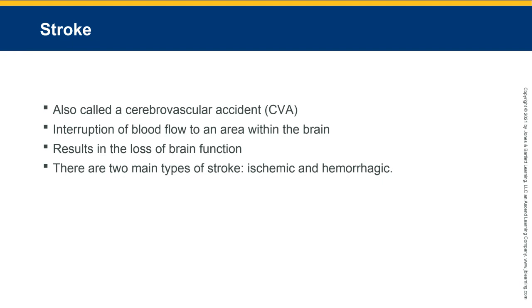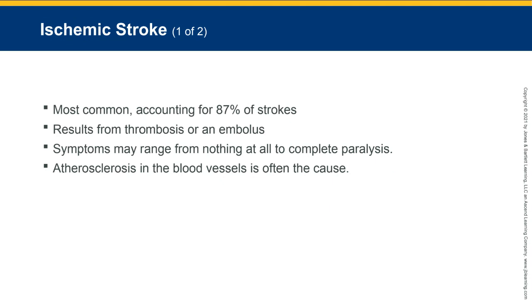Now, wherever the interruption of blood flow occurs in the brain, whatever function that area of the brain is responsible for, it will be disrupted. So, ischemic stroke. Most common, accounting for 87% of strokes, results from a thrombosis and an embolus.